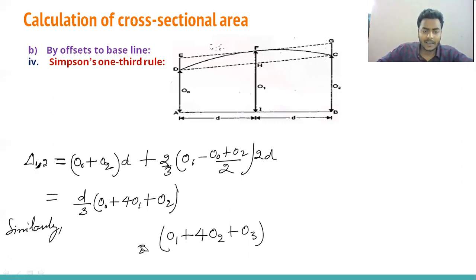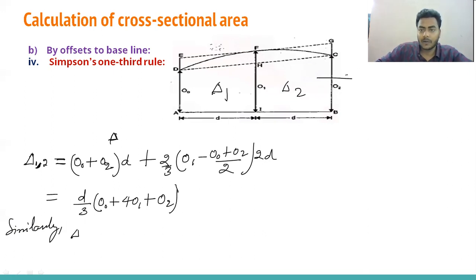Delta 2, 3 we can write; we are not going to calculate individually, since delta 1 and 2 we have already done. For delta 1, 2 we have done the addition for delta 1 and delta 2.